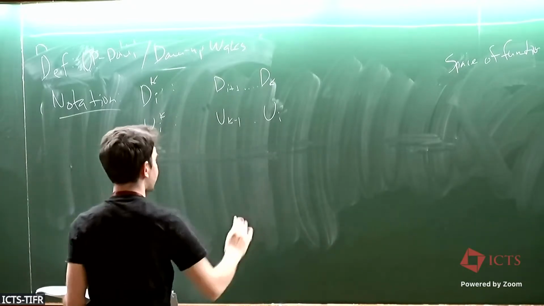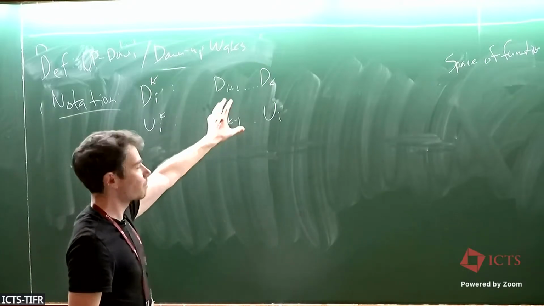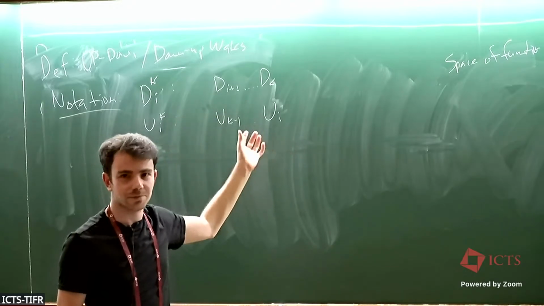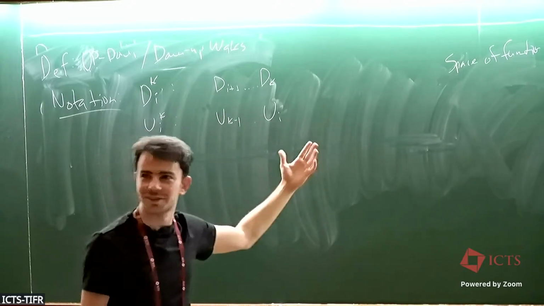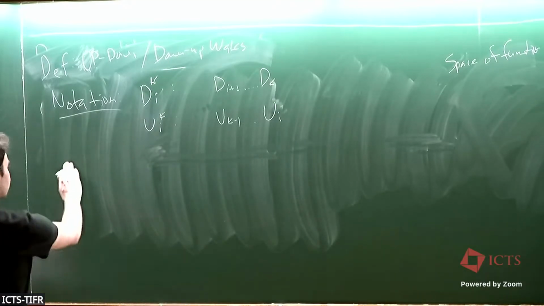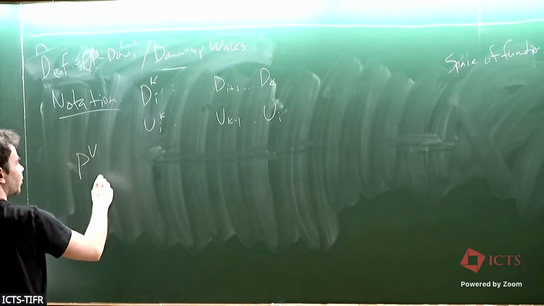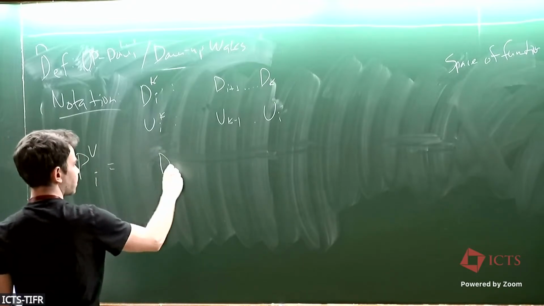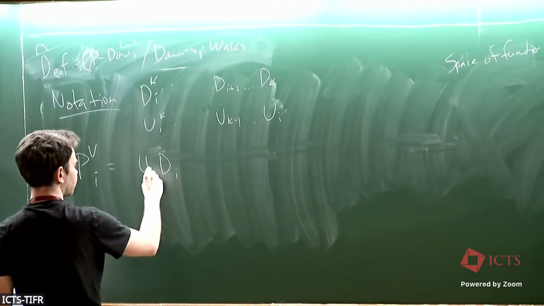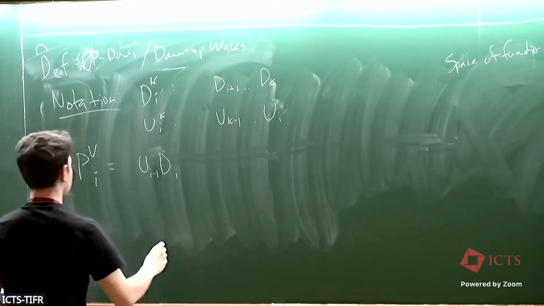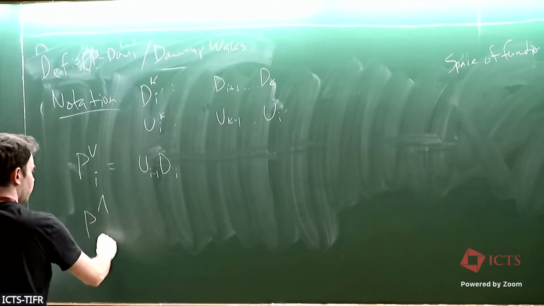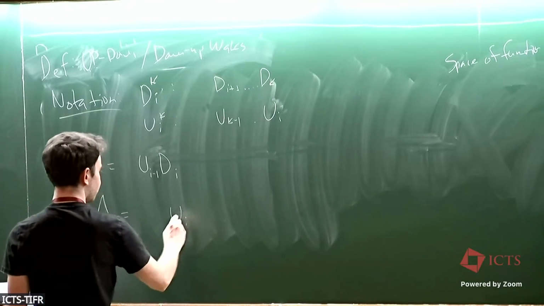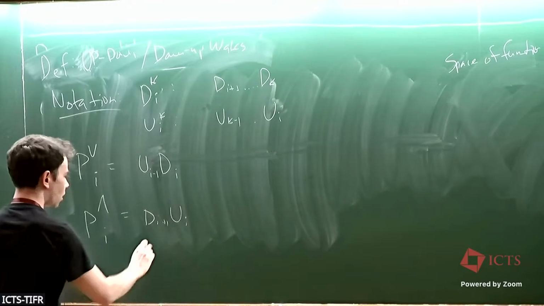And now we can actually define the random walks, which are just the composition of the down and the up operators. This is why they're called the up-down or down-up walks, or maybe this is why these are called the up and down operators. I don't know, chicken or the egg. So in particular, P down-up at level i is d_i u_{i-1}. P up-down at level i is the flip of, well, not quite, this is u_i d_{i+1}.